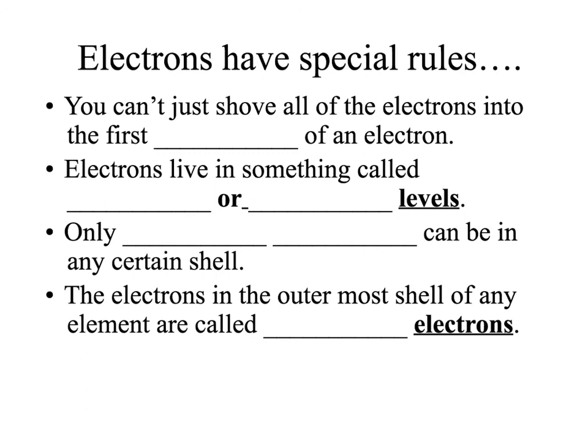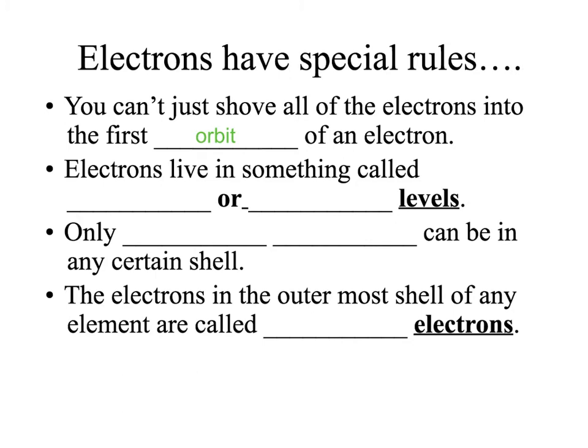All right, electrons have special rules. We're not able to just put all of the electrons into the first orbit of an electron. An orbit is what I called an energy level, or those rings that are around the nucleus. It's called that because in the Bohr model, the electrons orbit the nucleus, kind of like the planets orbit the sun.